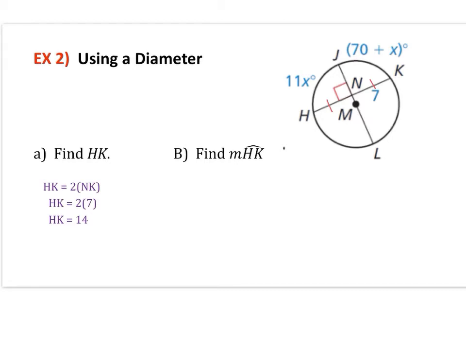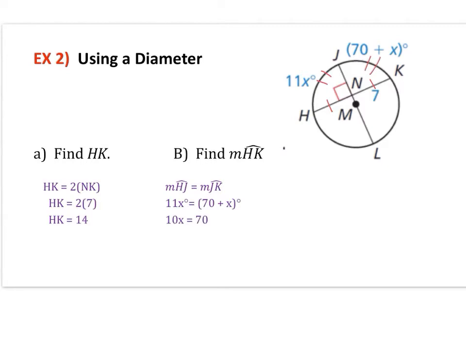All right, now let's find the measure of arc HK. Now, based on our previous theorem, we know that the arcs are going to be congruent. So that makes the measure of arc HJ equal to the measure of arc JK. So we can substitute our expressions: 11x equals 70 plus x.